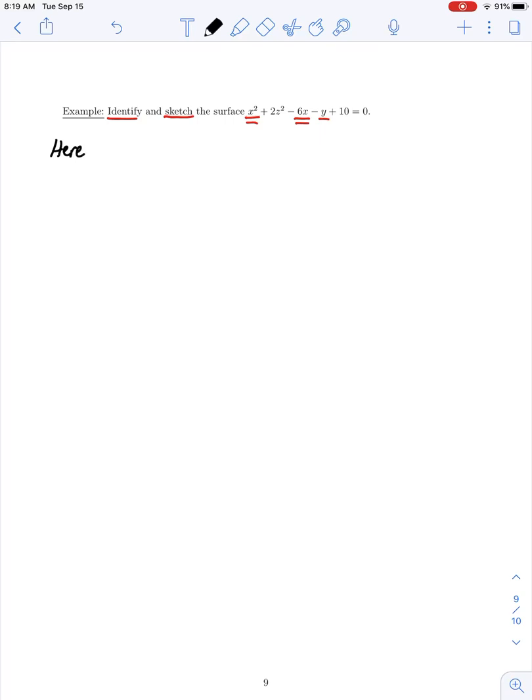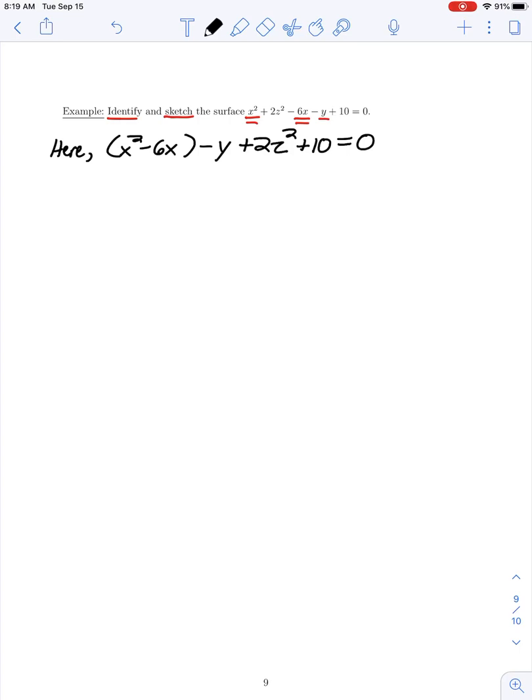So rewriting our equation, if I group the x variables, I would have x squared minus 6x, and then with my minus y plus 2z squared plus 10 equals 0.